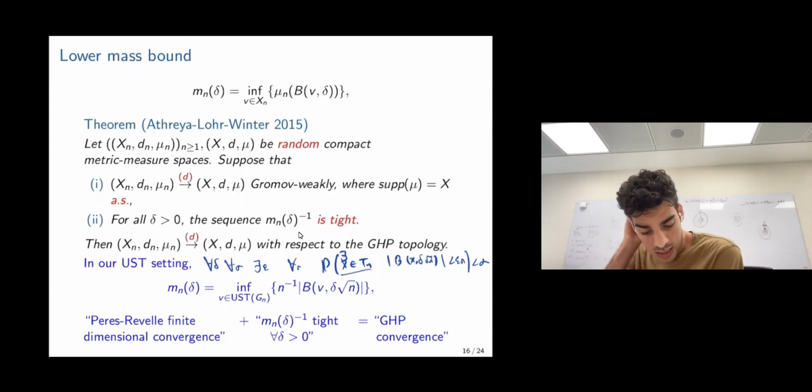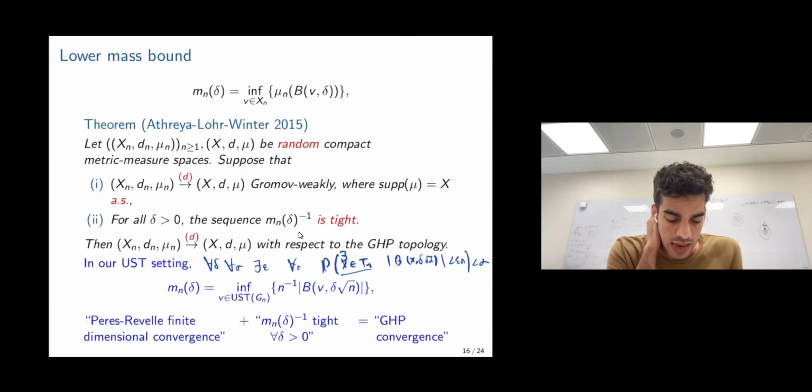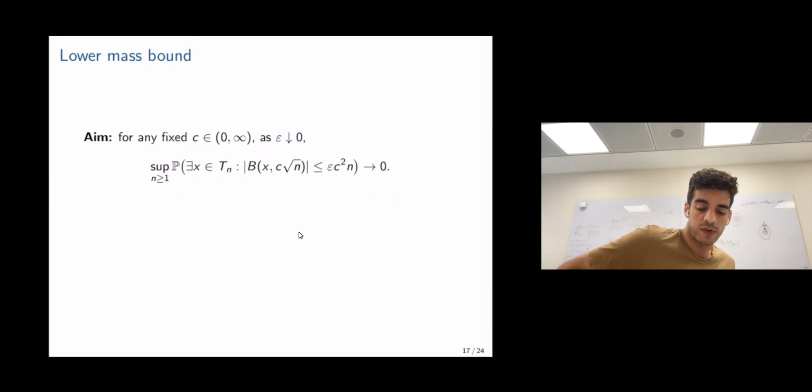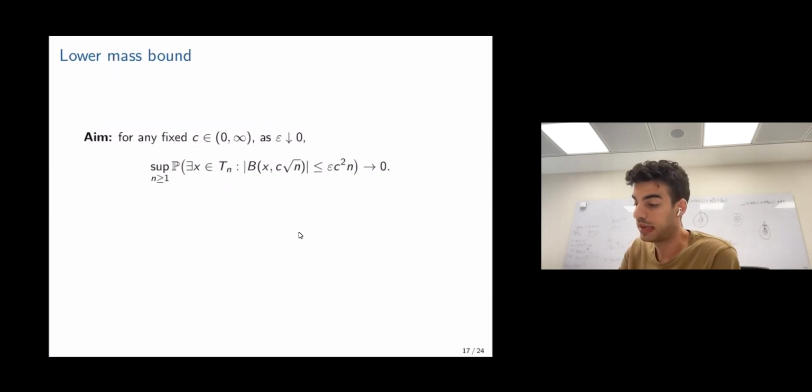Thank you, Asaf. And therefore, in our UST setting, what we have is this Gromov-Weak convergence due to Pérez and Revel. So if we show this tightness condition of m_n(delta), we immediately get GHP convergence, which is what we want. So this is our aim now. This is an equivalent way of stating this m_n(delta)^{-1} tightness.